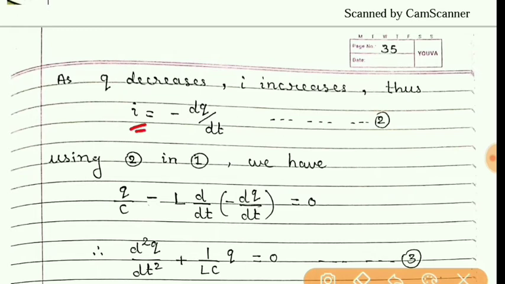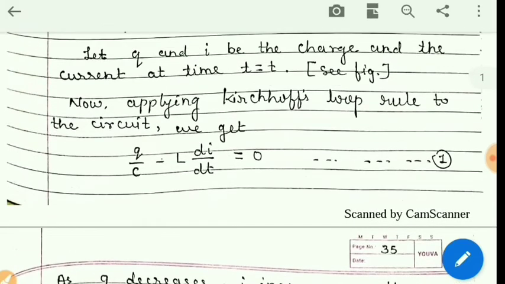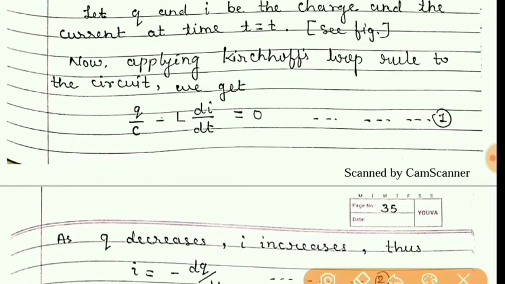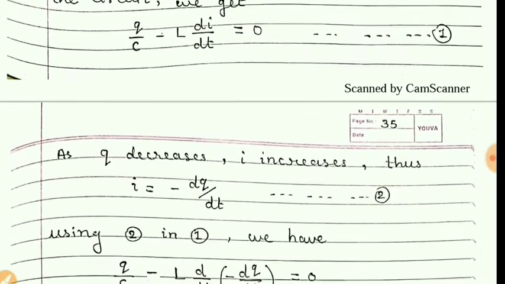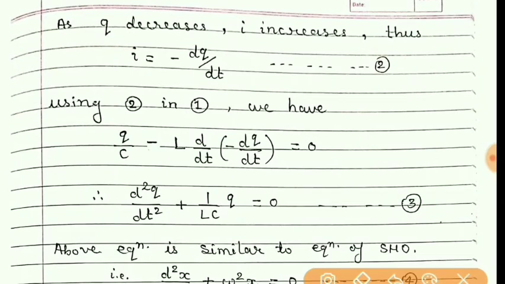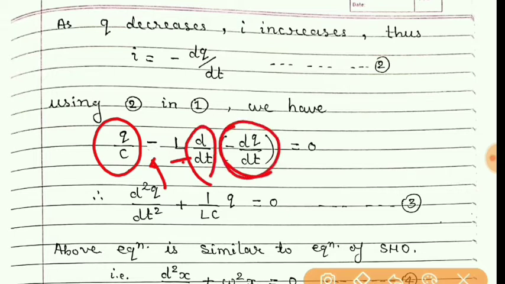Now using this value of I in equation number 1, we get Q by C minus L d by dt of I, this is the value of I, is equal to 0.